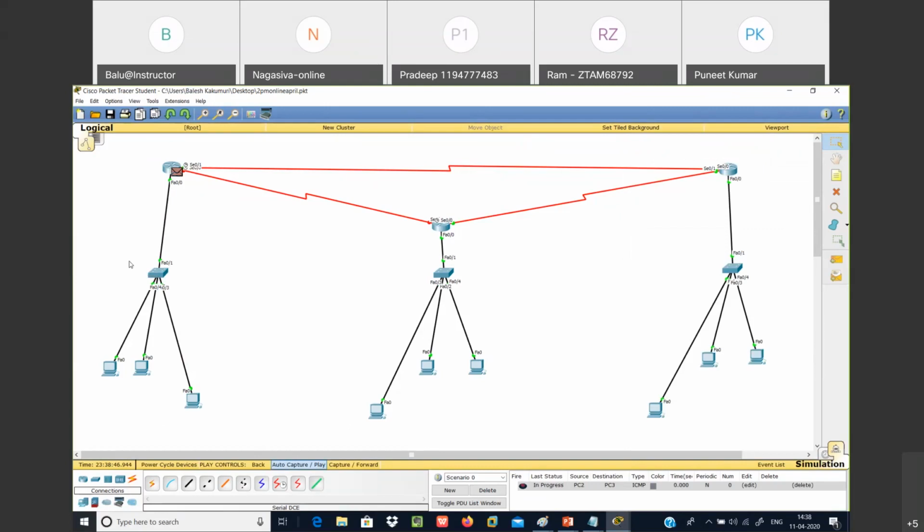The best route is via 0/1 to R3, R3 to R2. The R2 routing table will be checked and it will send to the destination computer. The destination PC reply starts back. The reply also comes back in the same path.